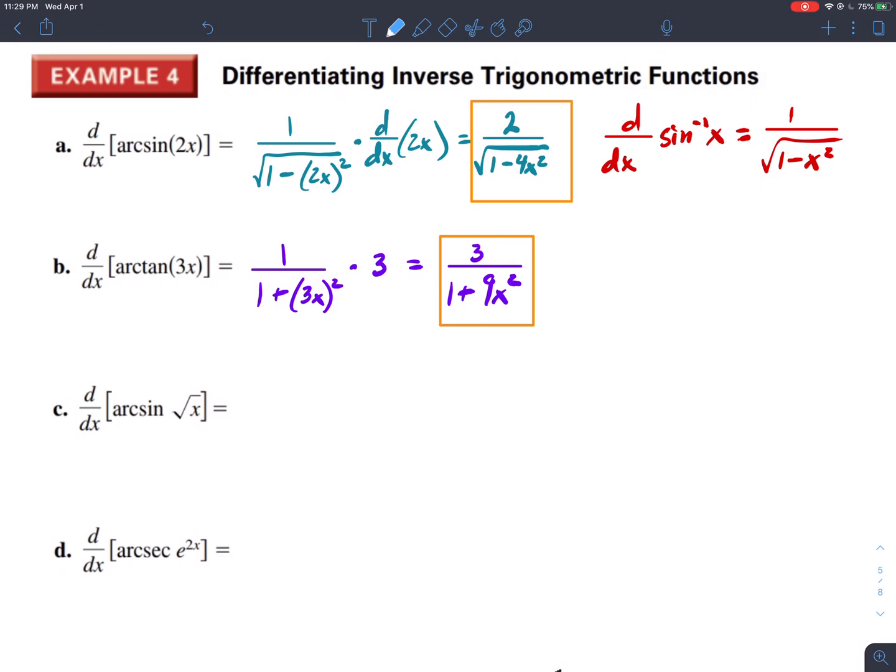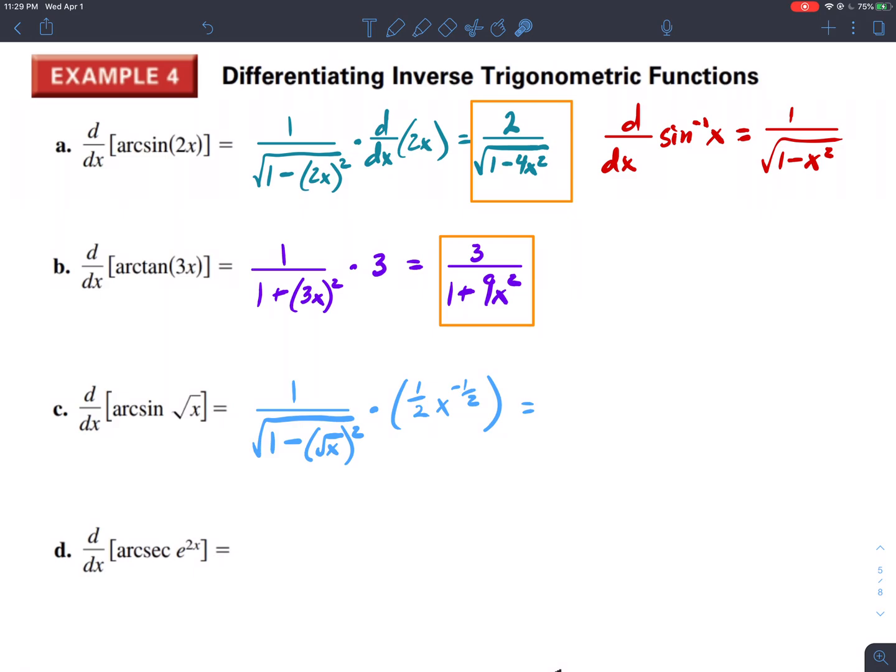Back to inverse sine, so it is 1 over the square root of 1 minus square root x squared, and then times the derivative of the square root of x. Derivative of the square root of x is 1/2 x to the negative 1/2. So we can clean that up a little bit.